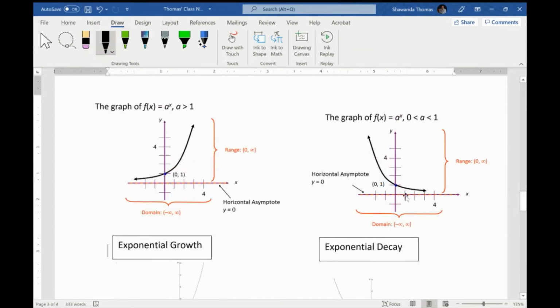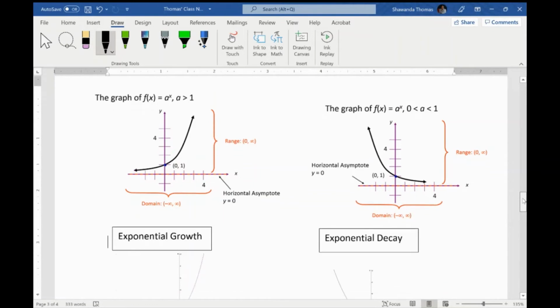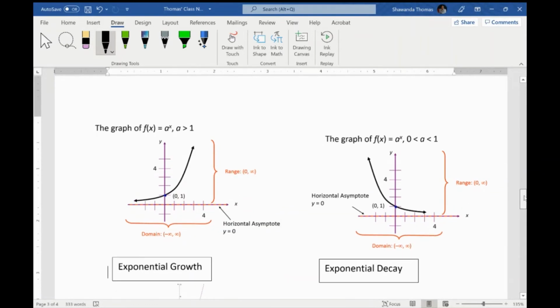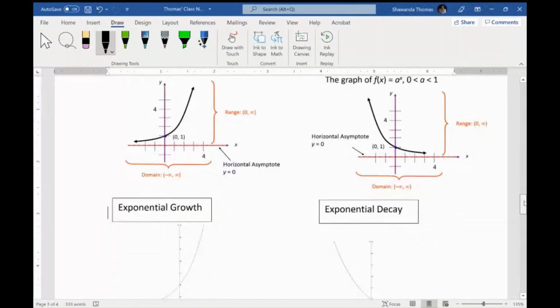Both of them have the point 0, 1. What is that point called? Somebody other than the carrier. 0, 1. Give me a nice math term. All right, you got it.